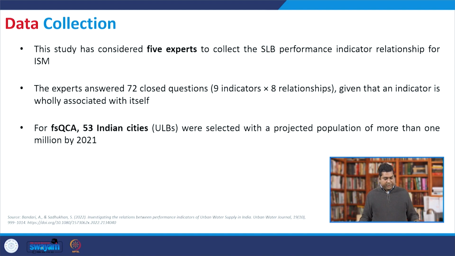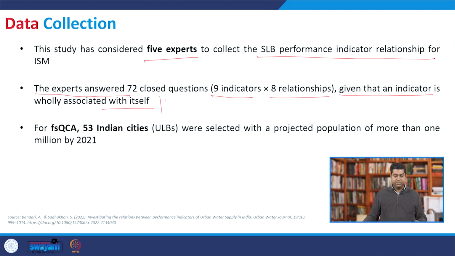Coming to the data collection, this study has considered 5 experts to collect the service level benchmark performance indicator relationships for this interpretative structural model. The experts answered 72 closed questions, which is the result of 9 indicators and 8 possible relationships, given that an indicator is wholly associated with itself.